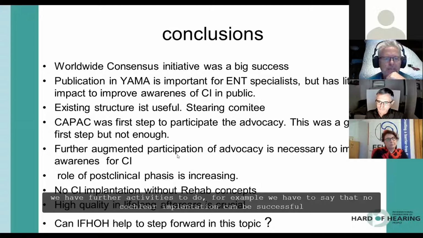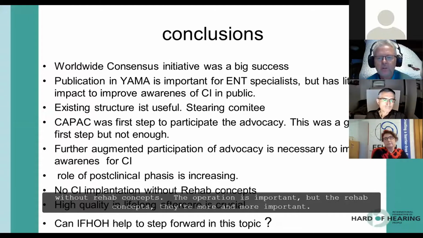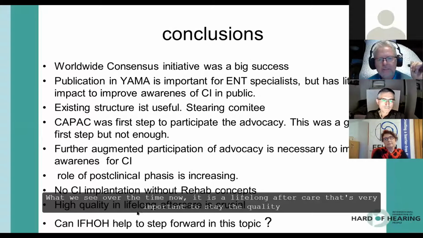further activities to do. For example, we have to say that no cochlear implantation can be successful without rehab concepts. The operation is important, but the rehab concepts are more and more important. And what we see over time now is a lifelong aftercare.